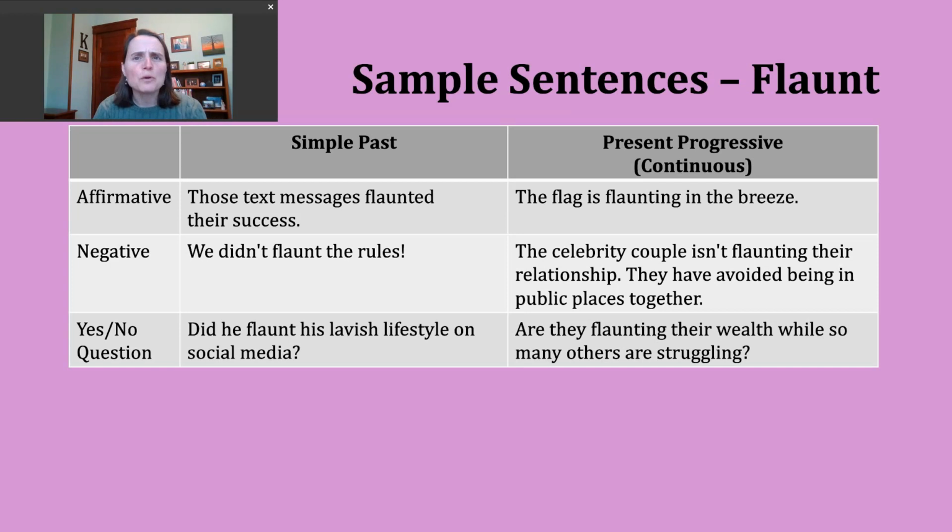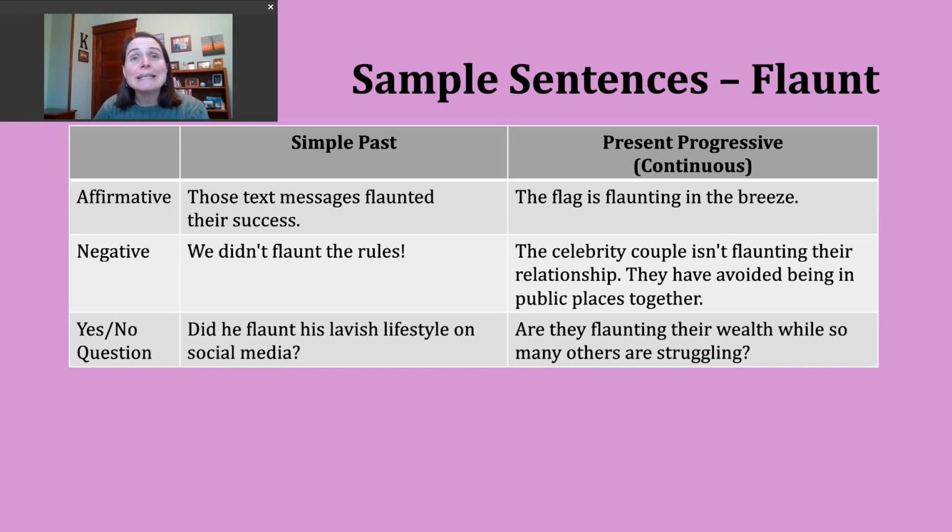That phrase, flaunt the rules, really goes back to the first definition we talked about, where someone is doing something in defiance. So maybe it seemed to someone else that they were breaking a rule. And here, this person is disagreeing: we did not do that, in order to defy or cause attention to be shown.